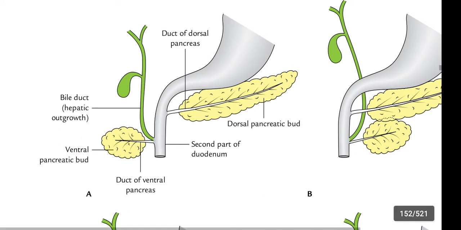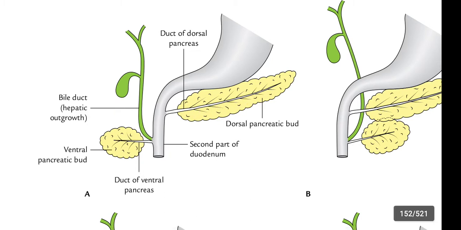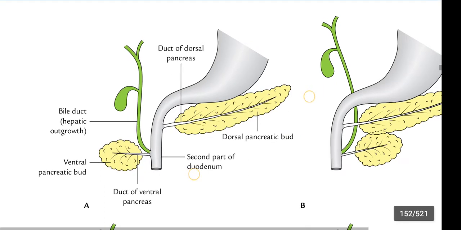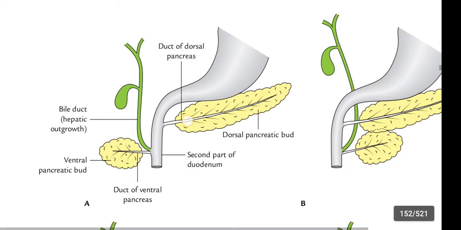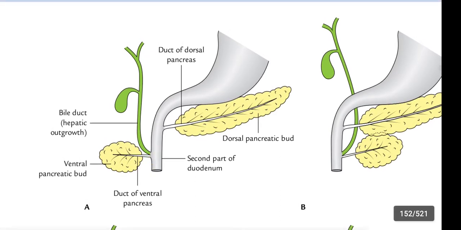The ventral pancreatic bud, this is the smaller one, and dorsal pancreatic bud, this is the larger one. Okay, and this is the duct of dorsal pancreas, this is the duct of ventral pancreas.